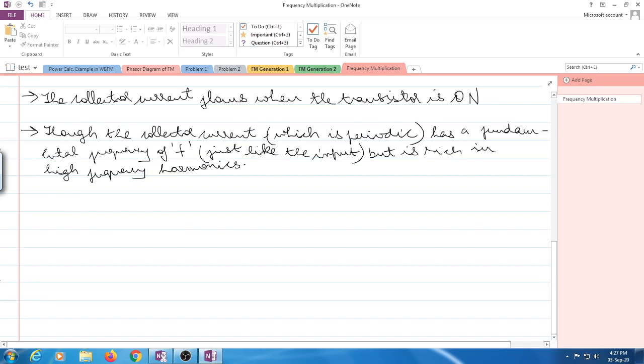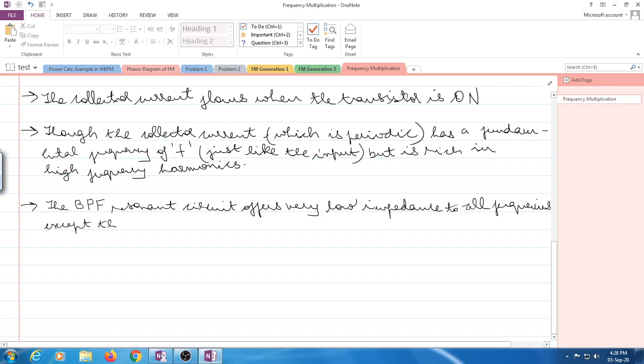Now the band pass filter that we are dealing with, the resonance circuit, offers very low impedance to all frequencies except the nth harmonic of the collector current. Why? Because it is tuned to nf.